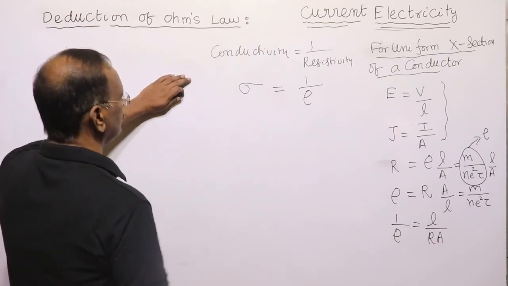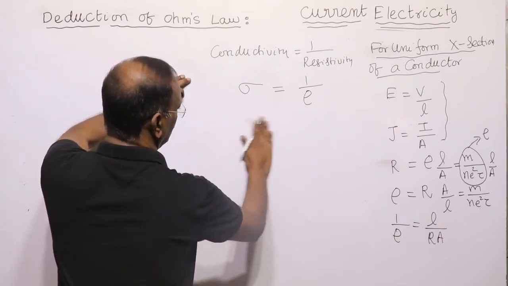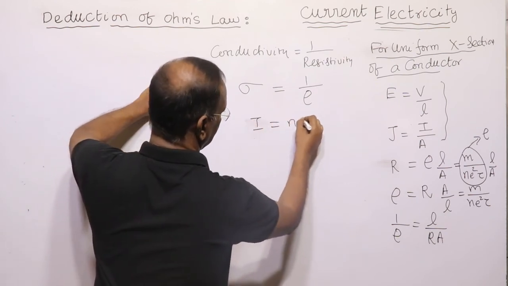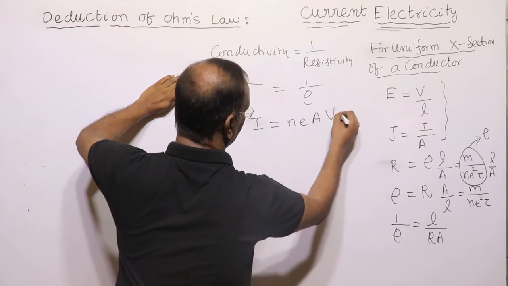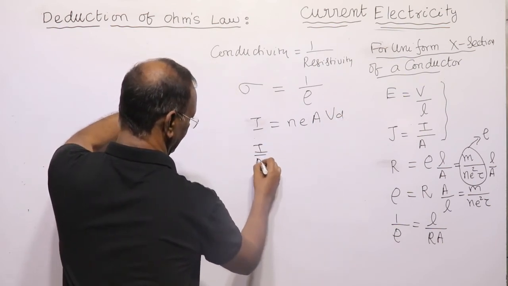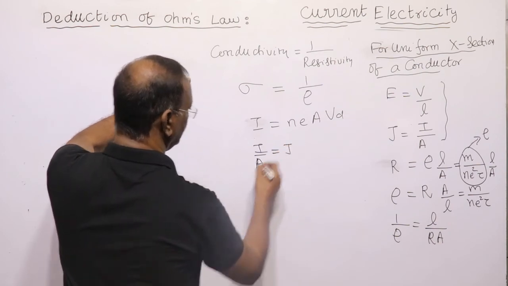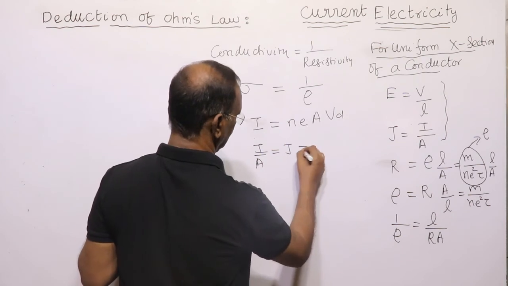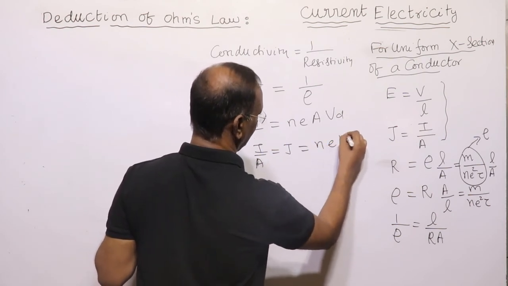Now, what about this current? I is equal to n e A Vd. If you take I by A, which is nothing but current density, it is equal to n e Vd.